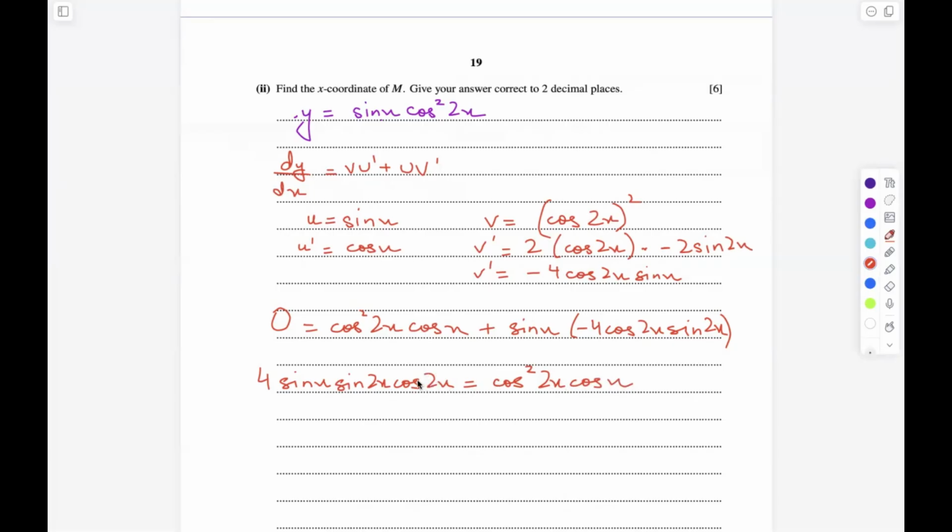Now we can cancel out cos squared 2x with cos 2x. Now in place of sine 2x, we can substitute. So sine 2x is the same as 2 sin x cos x.